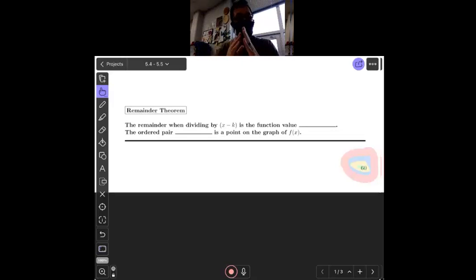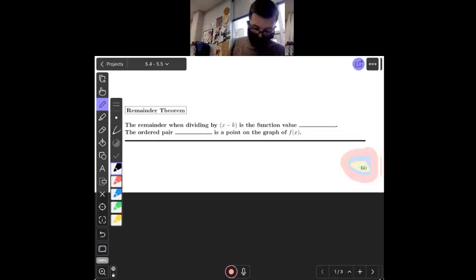All right, so the remainder theorem. The remainder, when dividing by x minus k, is the function value. Basically, if you had a function f of x equals blah blah blah plus blah blah blah minus blah blah, and we divide that function by x minus k, the remainder of that division is the value f of k.